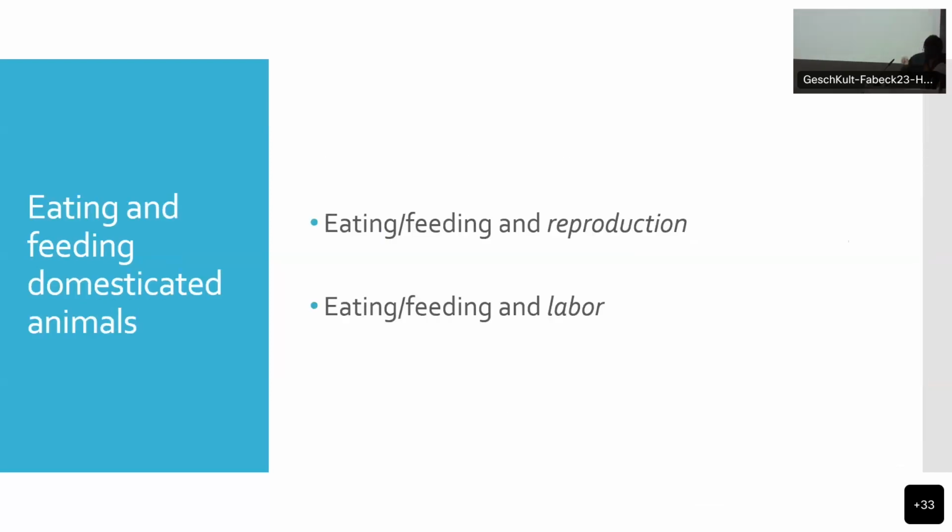Familiarizing predation focuses on people's relationship with wild and tamed animals, but there are other sources that can help us think about the stakes of feeding and eating in relationship to domesticated herd animals.